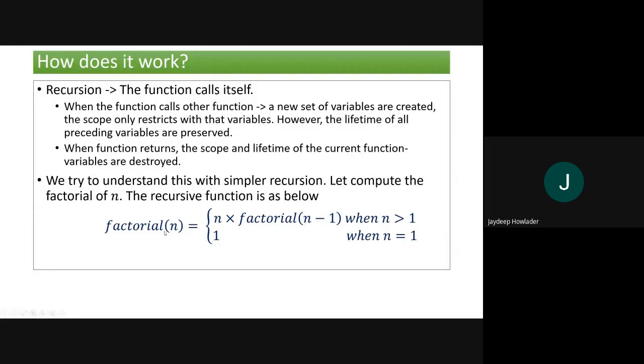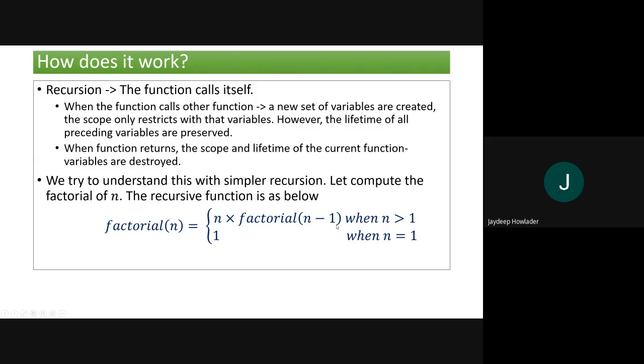That means this n is not visible, but its lifetime is valid. Now we have a new variable n minus 1, whose lifetime and visibility are valid. Then n minus 1 calls the same function with parameter n minus 2. Again, n and n minus 1 are not visible, but their lifetime is valid, and we have a new variable n minus 2. In this way the function proceeds.